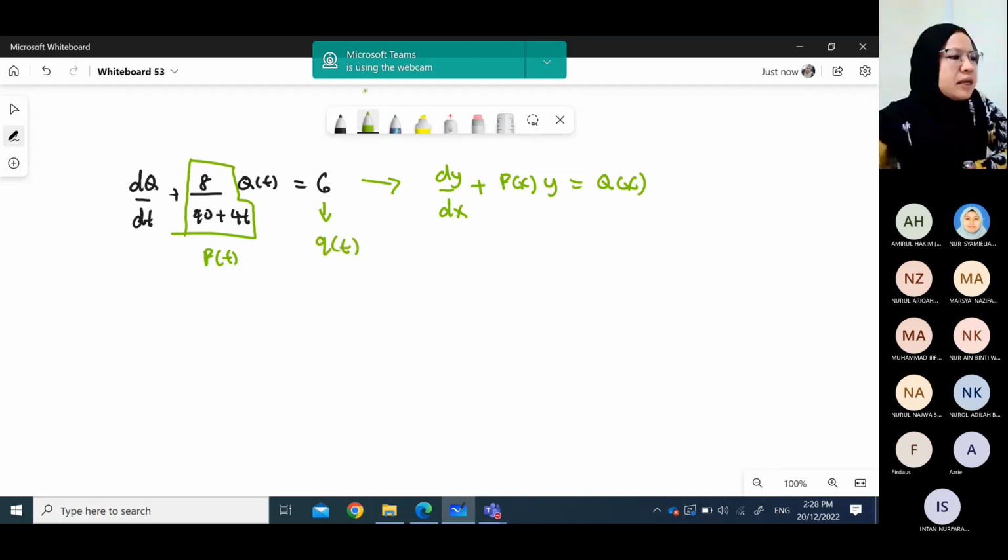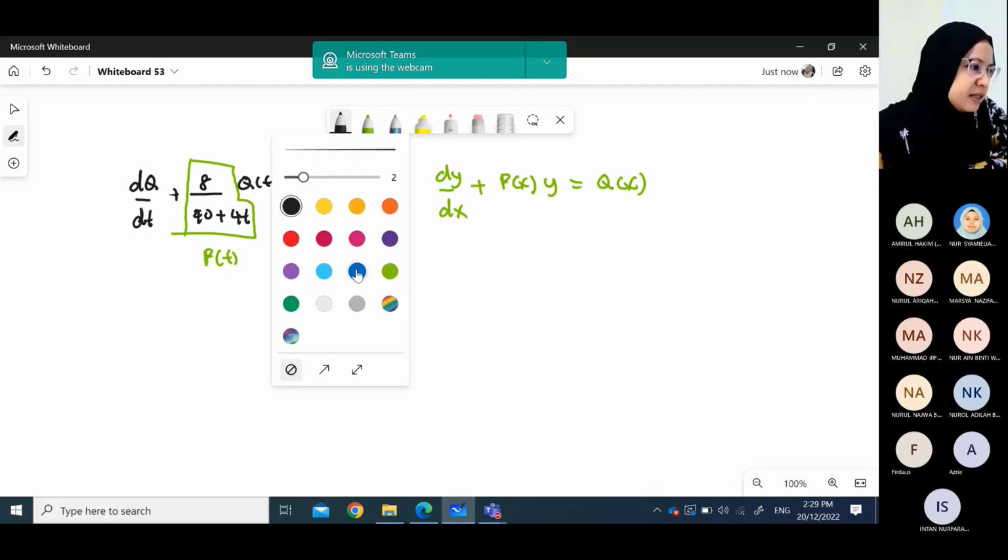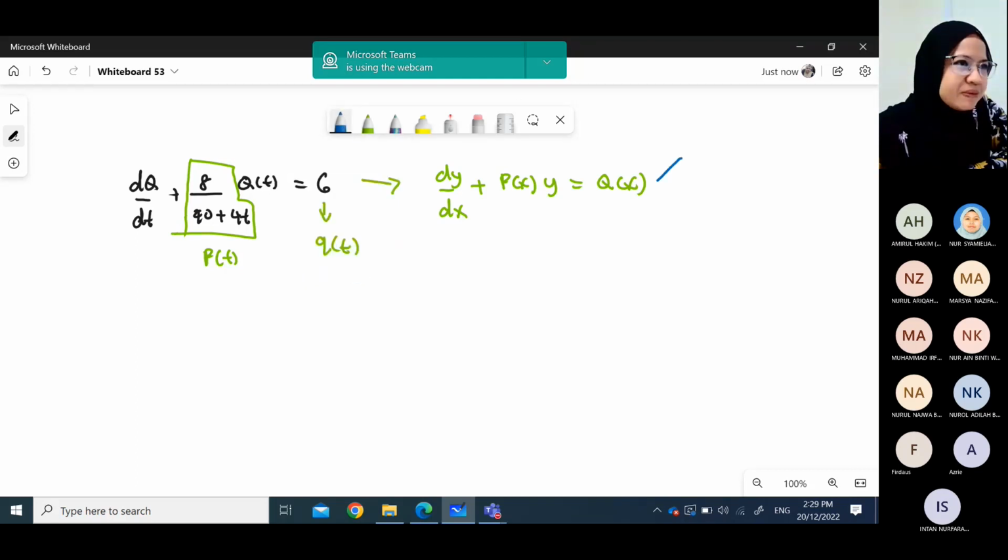Right, so in order to solve for the linear differential equation, we have two steps. Ingat tak step dia apa? Okay, first we need to find integrating factor. Integrating factor, apa formula dia? I of x equal to exponent integral p of x dx.